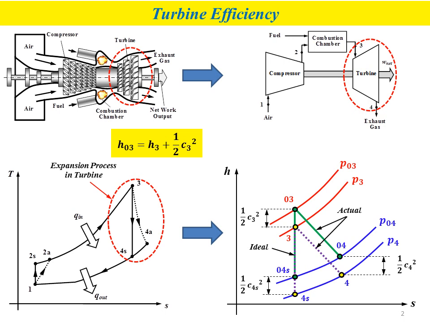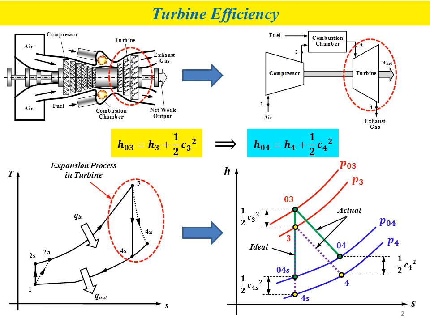In terms of the stagnation enthalpy formula, at the inlet of the turbine, the stagnation enthalpy H03 equals the static enthalpy at the inlet H3 plus the kinetic energy of the fluid at the inlet of the turbine, half C3 squared.